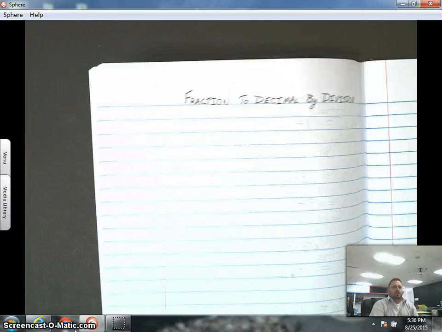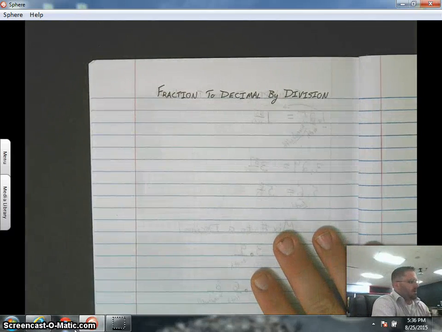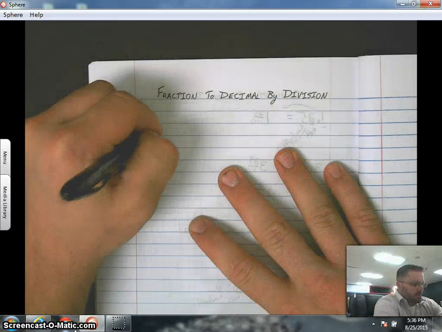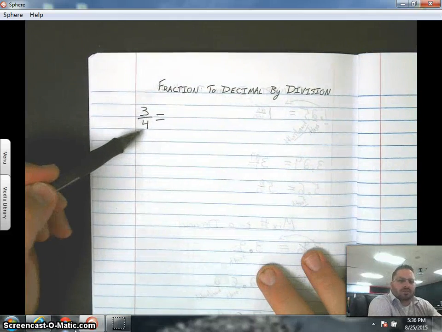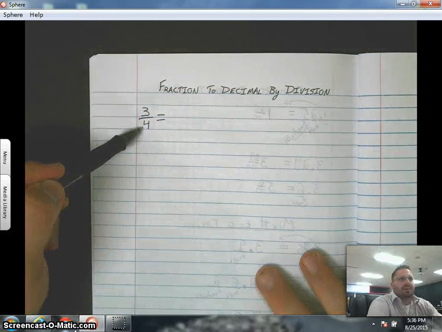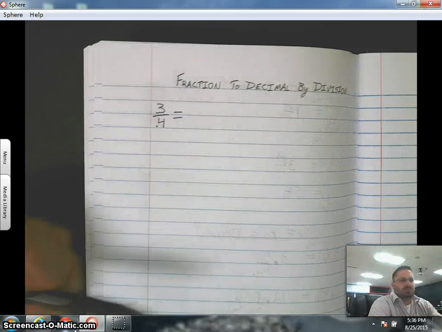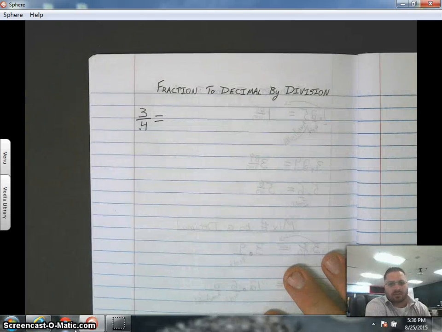Alright. Now this is a little more tricky. We're going to start with 3/4. Now, in this one, we have to use division because my denominator is not a 10 or a 10th or a 100th or a 1,000th.